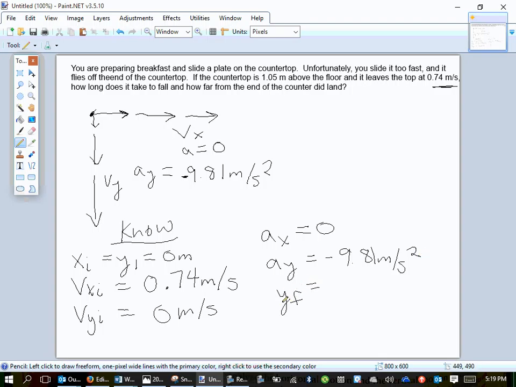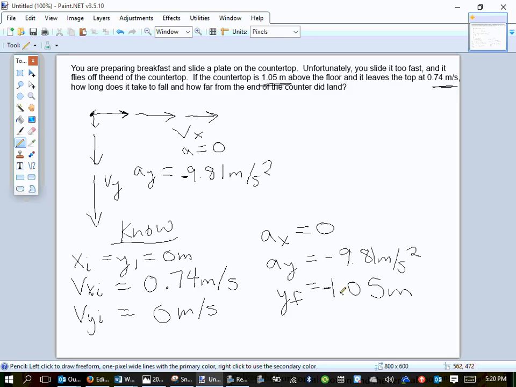I know my final position, it's 1.05 meters. And I'm going to put a negative to show that if we started at 0, we've gone to negative 1.05. We could have also started this at 1 and this at 0. Either way, it would come to the same understanding.